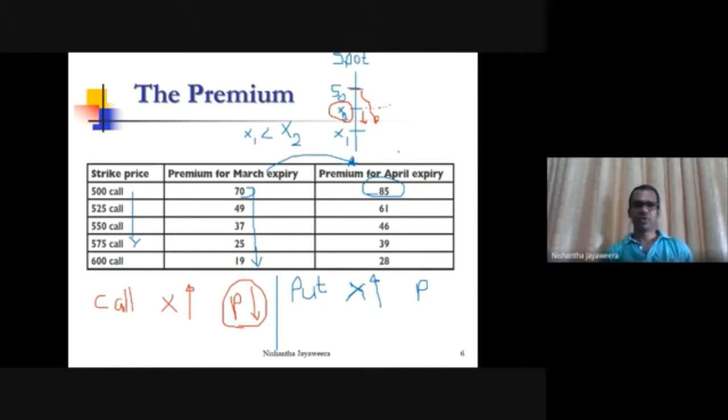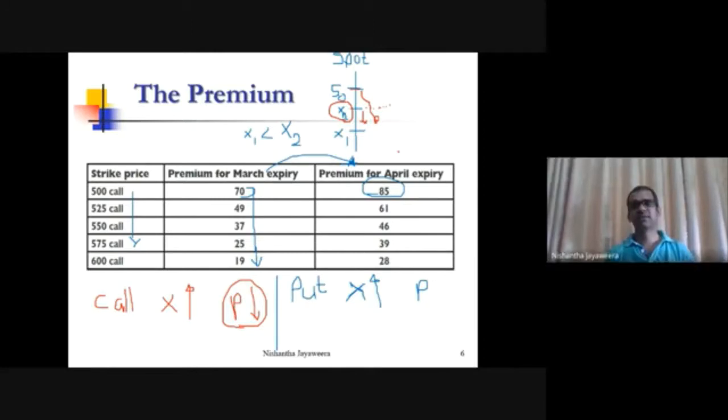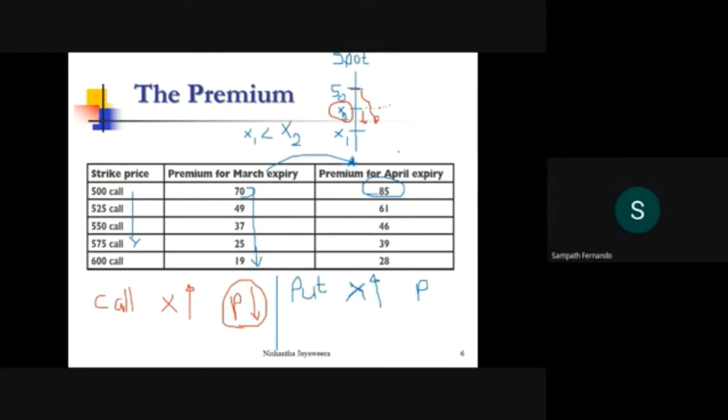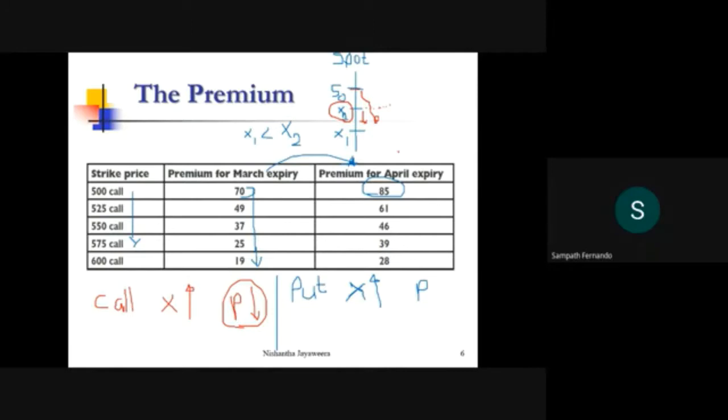Which one is more likely to exercise? X1. With a strike of X1. Yes. Why? The difference is high. Difference of what? Between X1 and spot price.